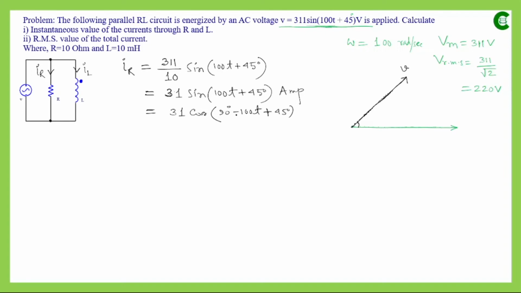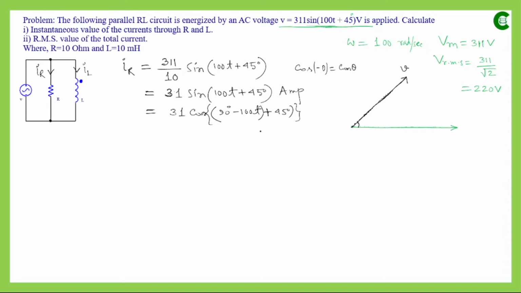But since here we have minus, we are getting minus 100t, but in our expression in case of voltage, which we took as reference, the angle was omega t. We always express omega t as positive. So what we can do, we know that cos of minus theta is equal to cos theta.